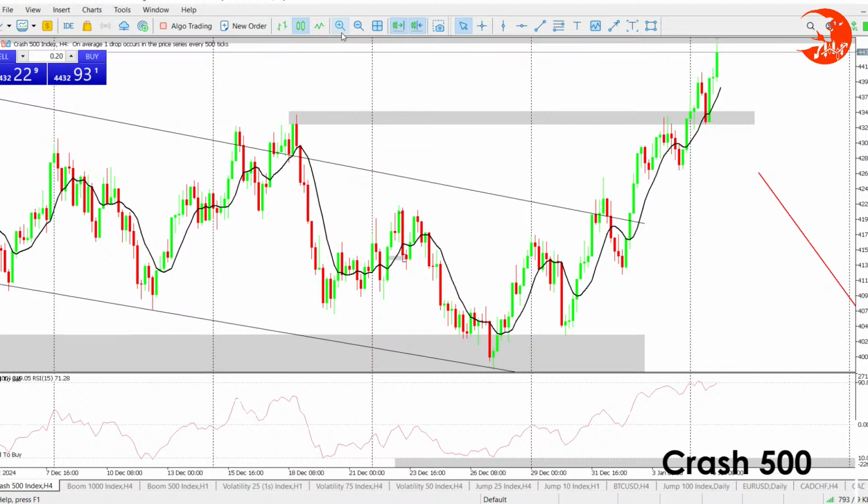On H4, we touched overbought, meaning we're supposed to be looking for sales. For me to sell here on H4, I need to see something like a failure to create a new higher high. If I see something that fails to break this current high, our last H4 candle there, then of course I'll be coming in with my swing trades, either to bring me here or here.